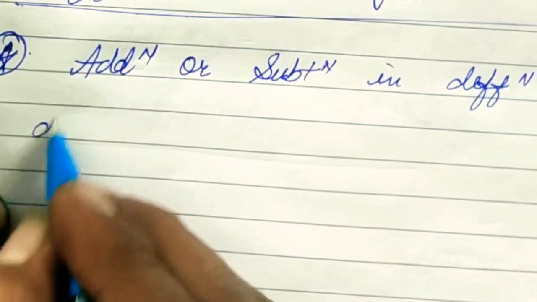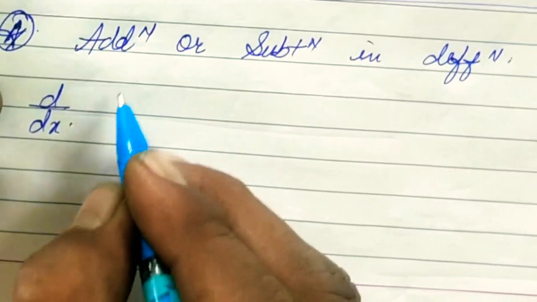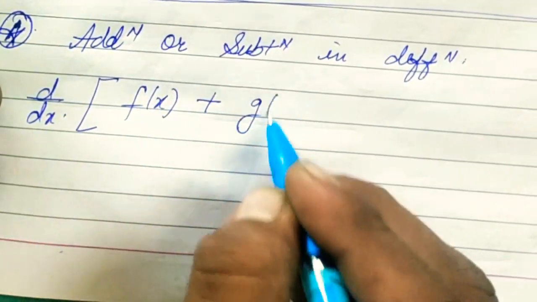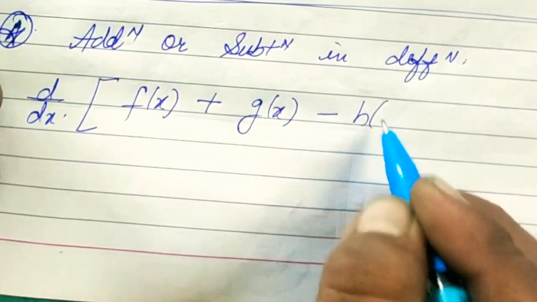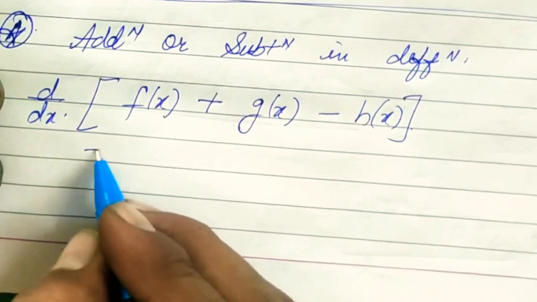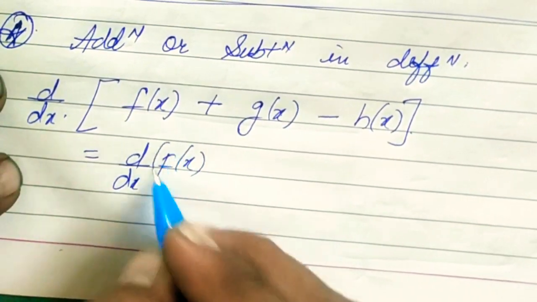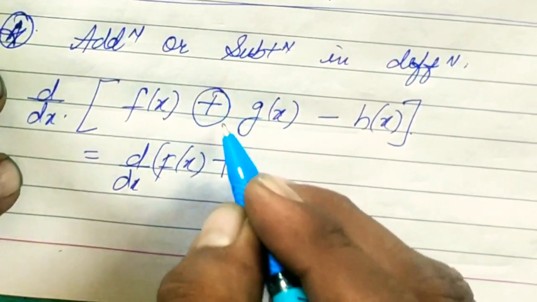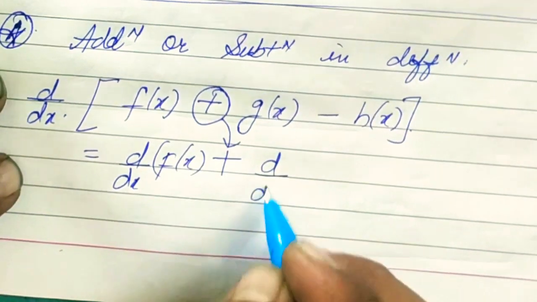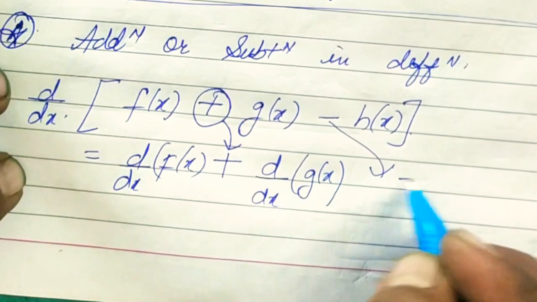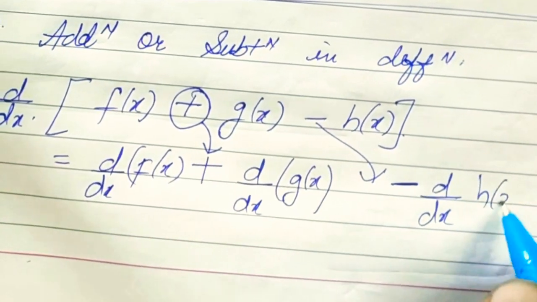Let's say we have to differentiate functions which have either a plus or minus sign between them. Just differentiate them individually. If the sign is plus, then the sign will come as it is, like this. If the sign is minus, then differentiate h of x.